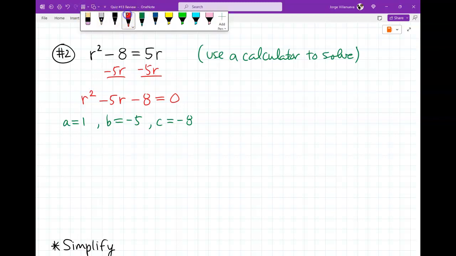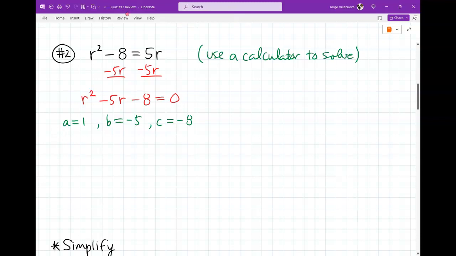So r is equal to, again, the formula is negative b plus or minus the square root of b squared minus 4ac over 2a. If you want to write it down, go ahead. I'm going to skip that step for now just for the sake of saving space.